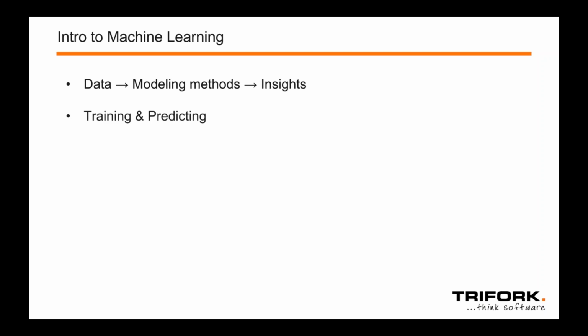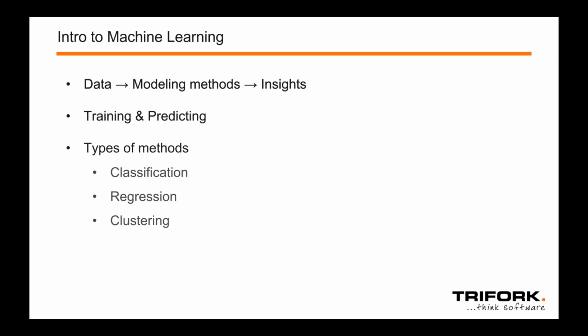One is the training phase, where you take a lot of example data that you want to train on, and you train your model, by which I mean build up a statistical model of what the data is about. And the second phase is the predicting phase, where you take the trained model and feed it previously unseen pieces of data and expect to get insight based on those previously unseen bits of data.